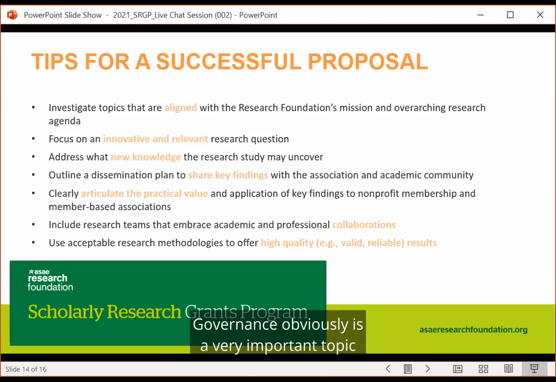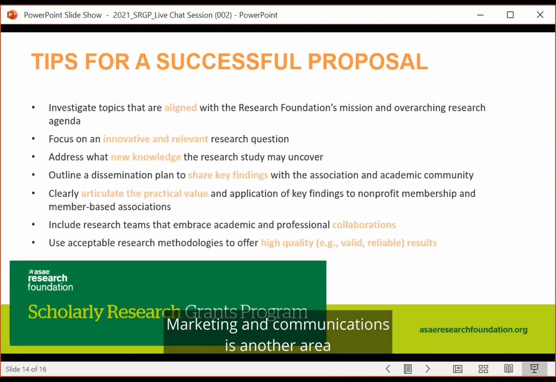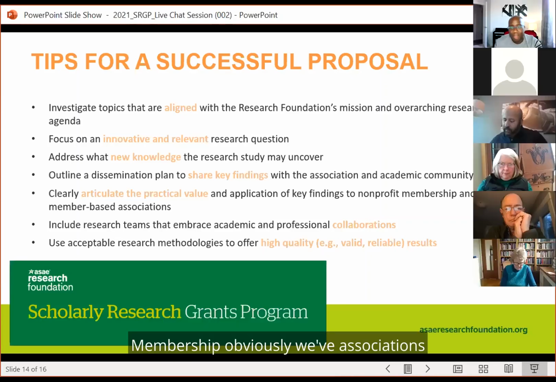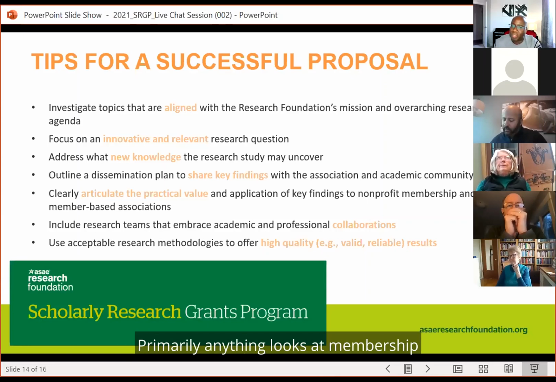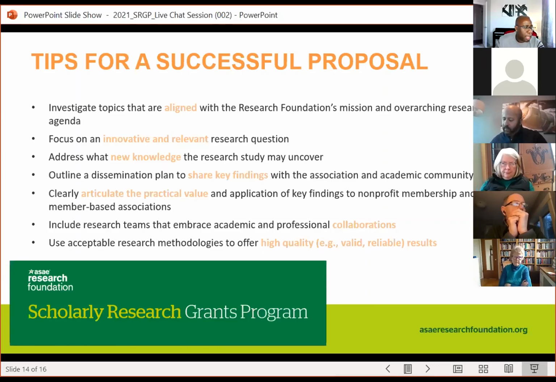Governance is obviously a very important topic for associations. Leadership, and marketing and communications, are other areas of particular interest. Membership, obviously, with associations being primarily membership organizations, anything that looks at membership and the dynamics around it is very important.